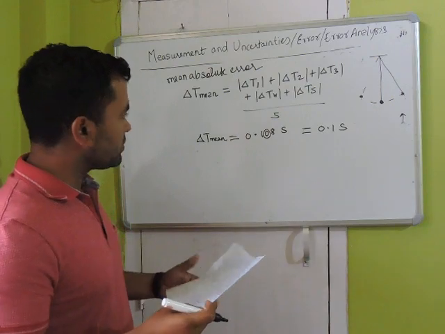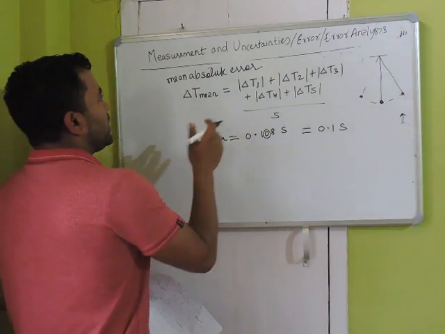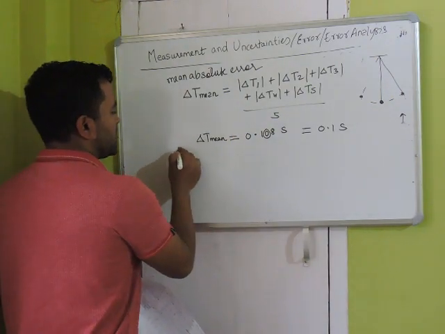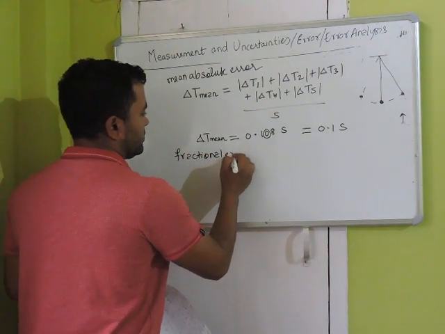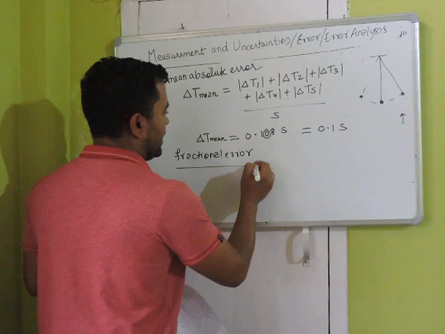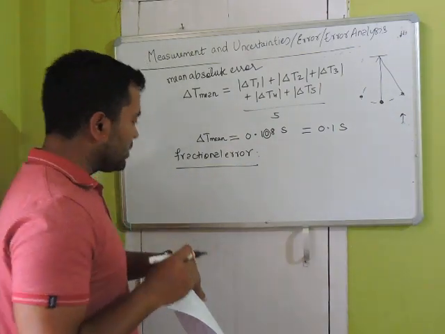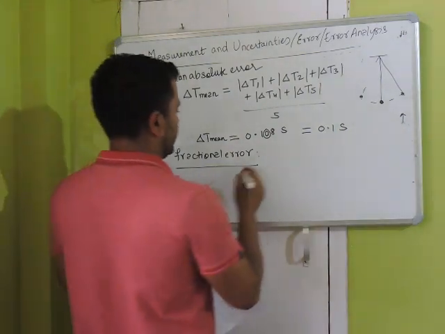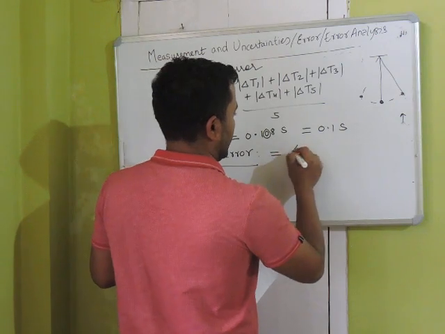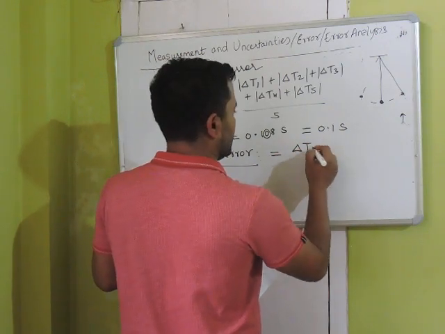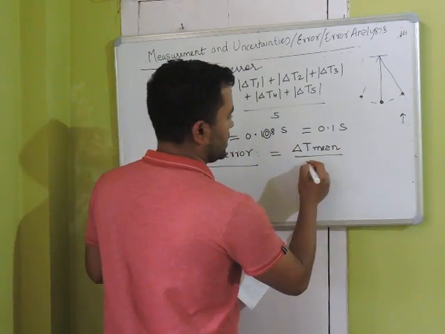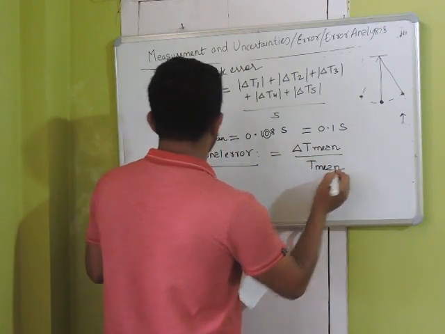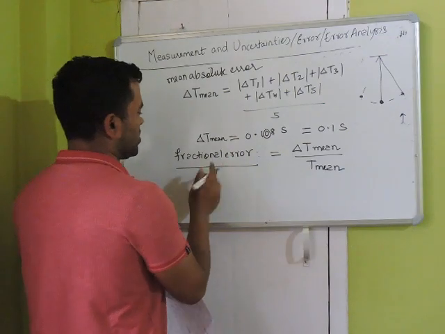Now there is also one error of interest called fractional error, and we calculate fractional error using delta t mean, the mean absolute error, divided by t mean. This is called fractional error, or it is also called relative error.